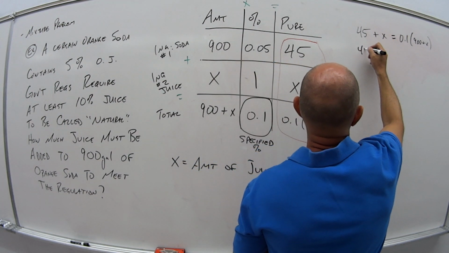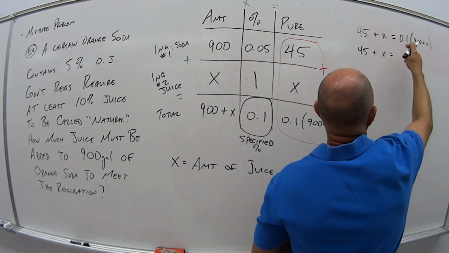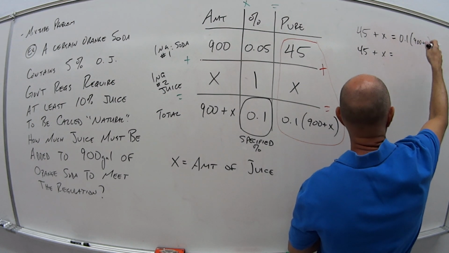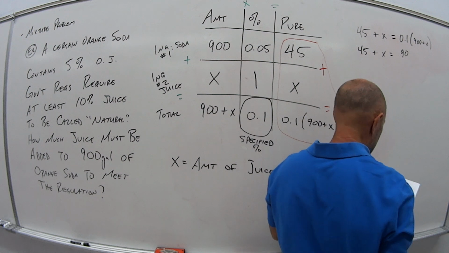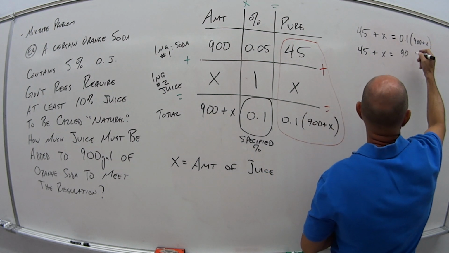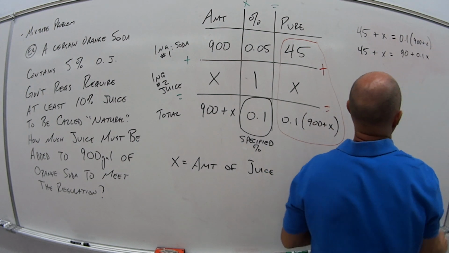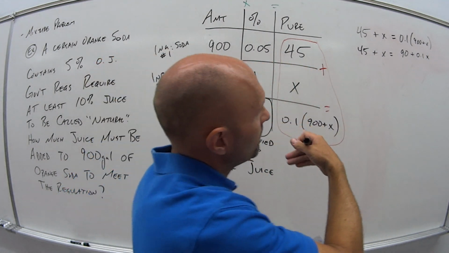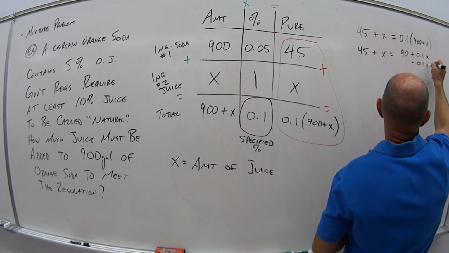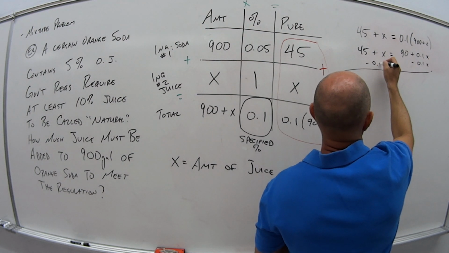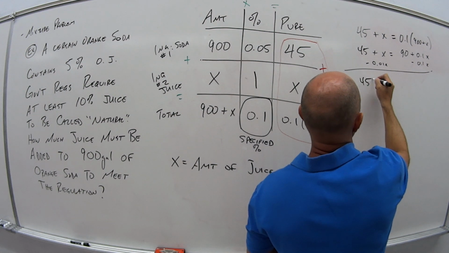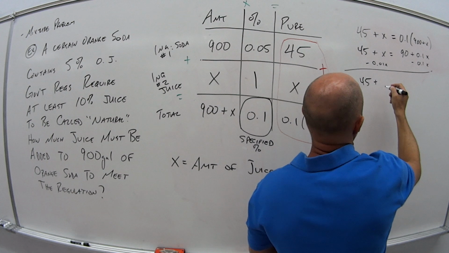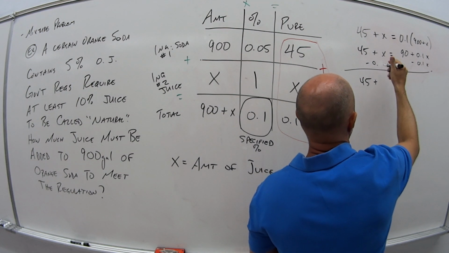So we have 45 plus X on the left. If I multiply 0.1 times 900, that gives me 90. And 0.1 times X is 0.1X. So if I move my x's to the left, I'm going to subtract 0.1X from both sides. So I get 45 plus 0.1x, not 0.01.